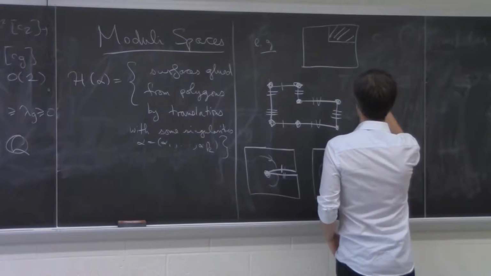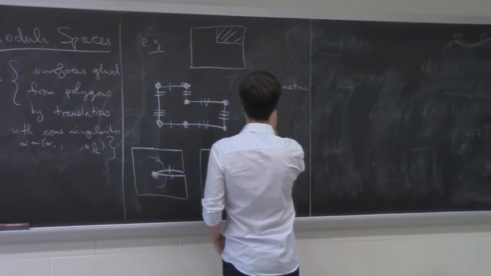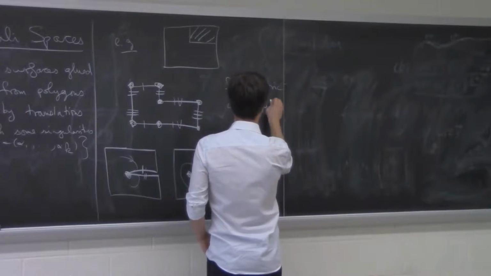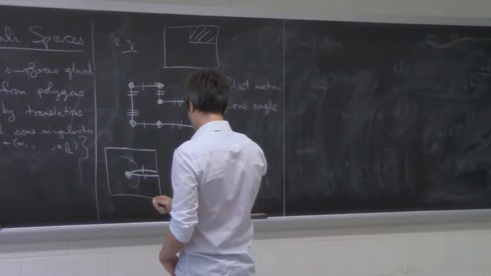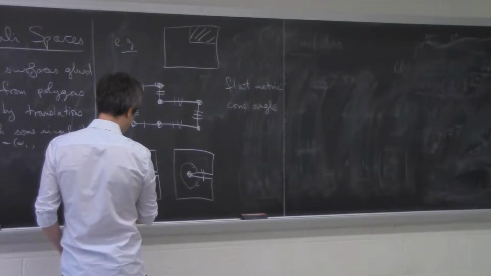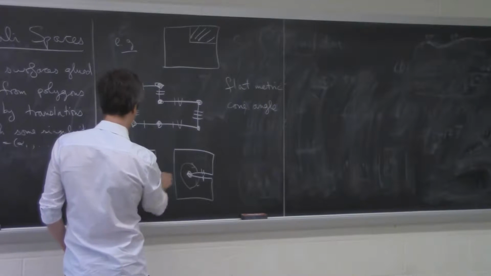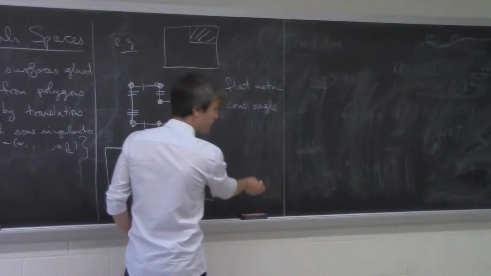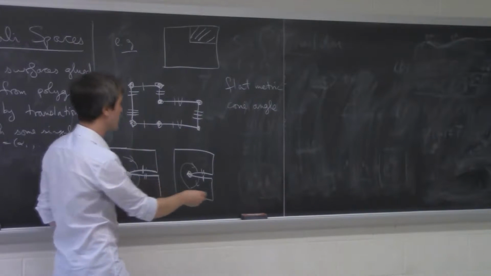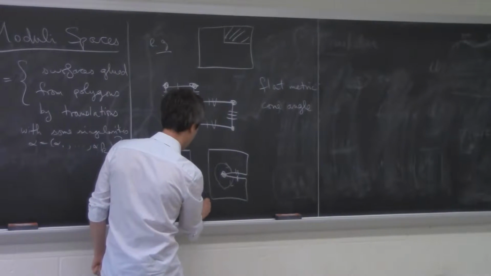So you have a flat metric with cone angle, yeah, so I guess here I think you should actually get 6 pi. So strictly speaking, here you should have a third sheet, and you should do it in a cyclic order. Here, this is cone angle 4 pi.